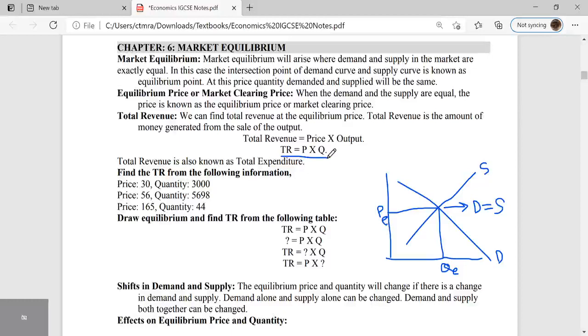For example, if a seller is selling his goods at 300 and he sells 3,000 goods in a month, then the total revenue is 900,000, right? No, 90,000. 90,000 is the total revenue.